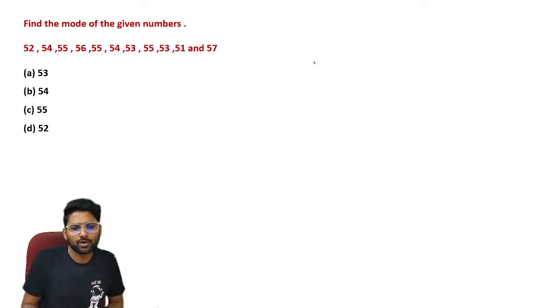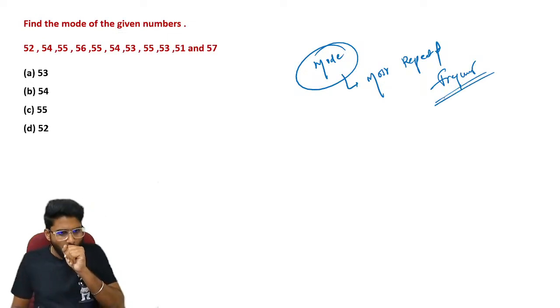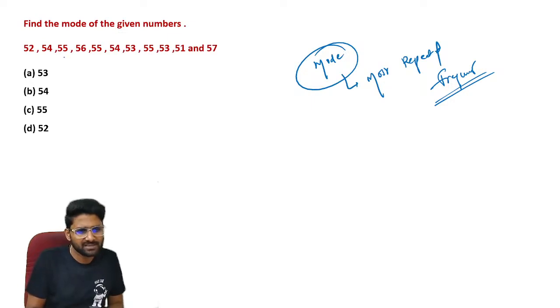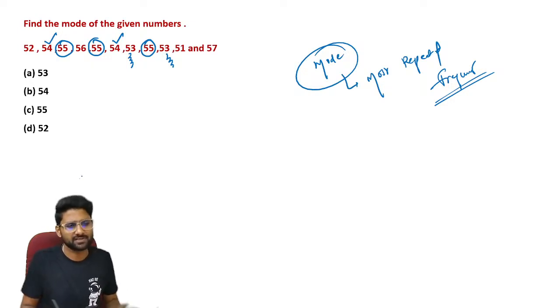Next, mode. Mode is all about the most repeated frequency. Let's see here, you can see the repetition: 54 is repeated twice, 55 is repeated three times, and 53 twice. 51 is not repeated, 52 is not repeated, 56 and 57 are not repeated.